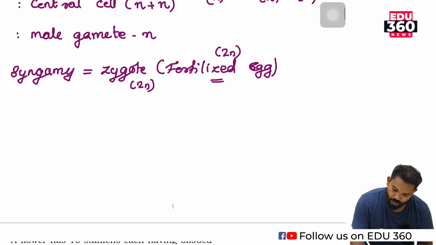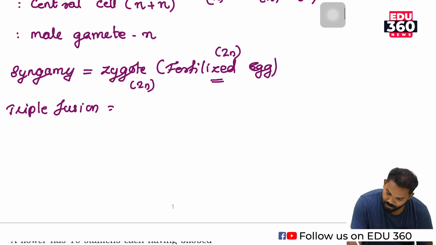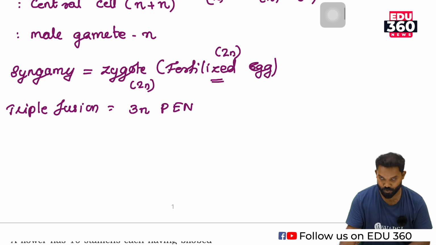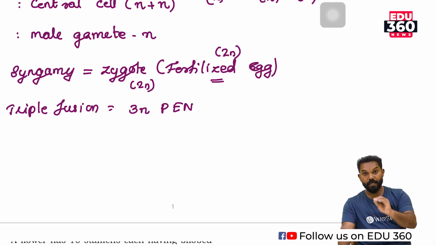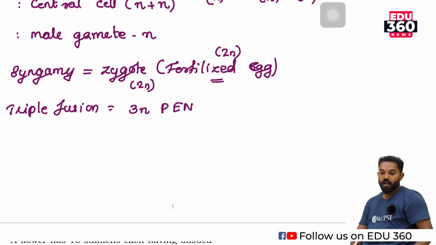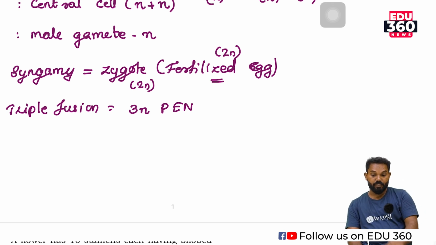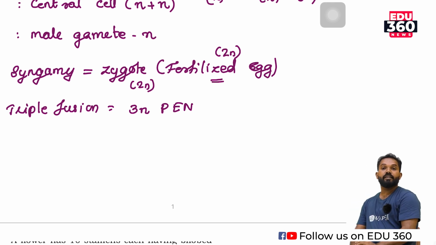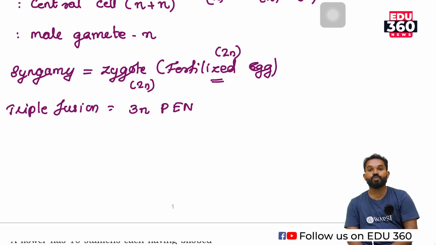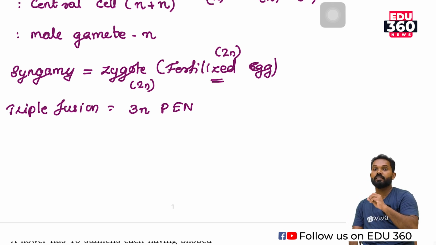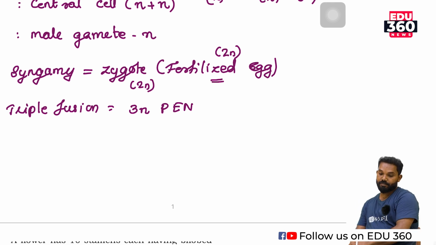Then during the triple fusion, the product is the triploid primary endosperm nucleus, PEN, which means primary endosperm nucleus. This primary endosperm nucleus then again develops into the endosperm of the angiosperm. So the endosperm of angiosperms is triploid in nature. It is because here the fusion of three haploid nuclei takes place.